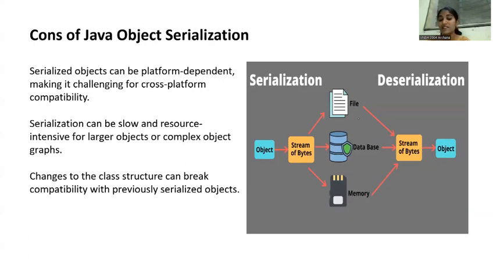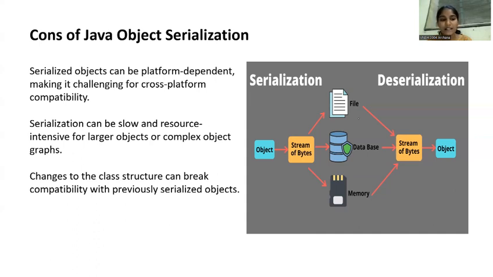And cons, that means disadvantages. Serialized objects can be platform dependent, making it a bit challenging in cross-platform use. It becomes hectic and challenging when it executes on other platforms like iOS or Linux.